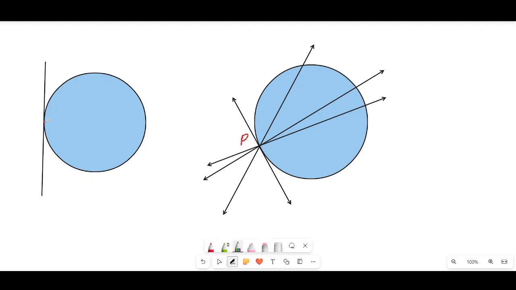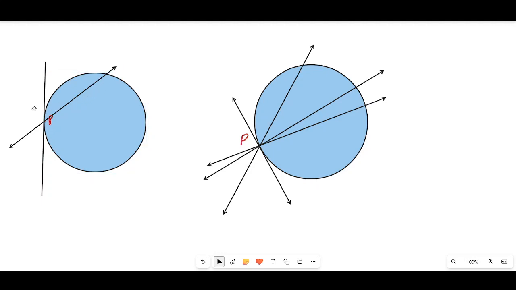Suppose this point is P. Then what do you feel about this point? Observe this. If we try to draw any other tangent, we cannot, because at a point of contact we can draw only one tangent, and if we draw more lines, then those will be secants.